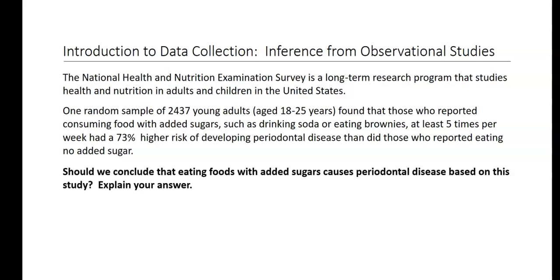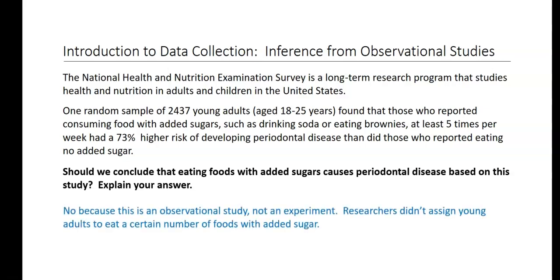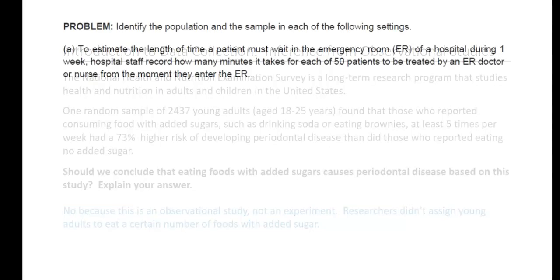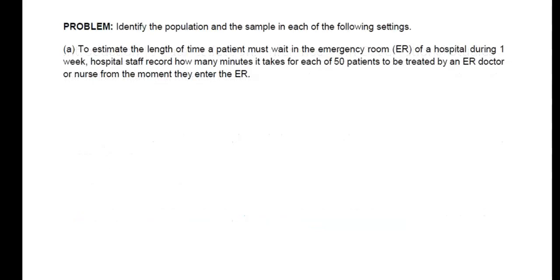We can't say causation because we don't have an experiment, right? It's only an observational study. They didn't assign the adults, so if we could prove causation, it'd have to be an experiment.